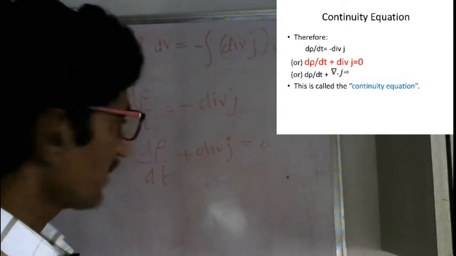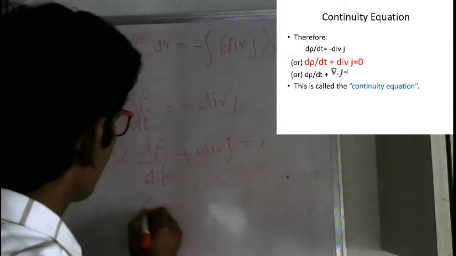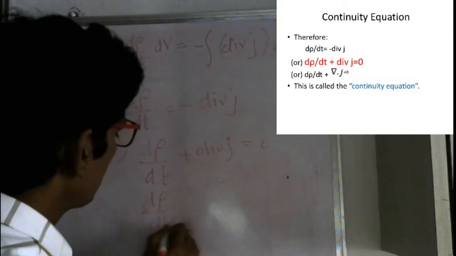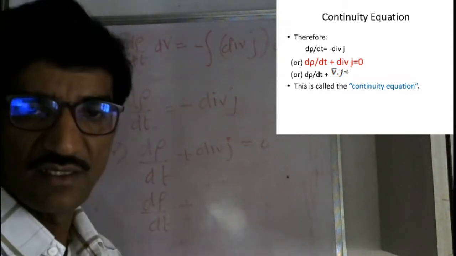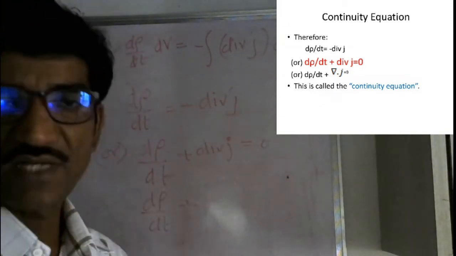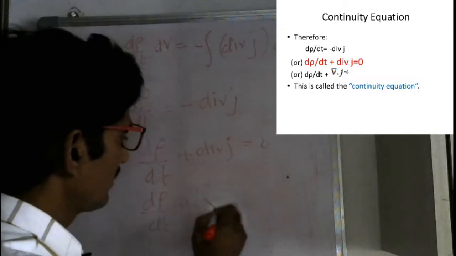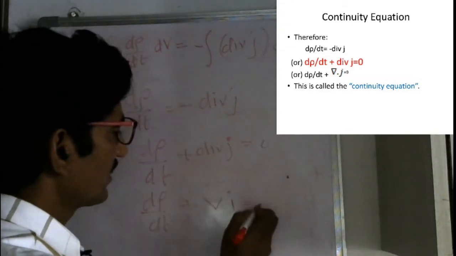In vector analysis, div j is del dot j, so d rho by dt plus del dot j is equal to 0.